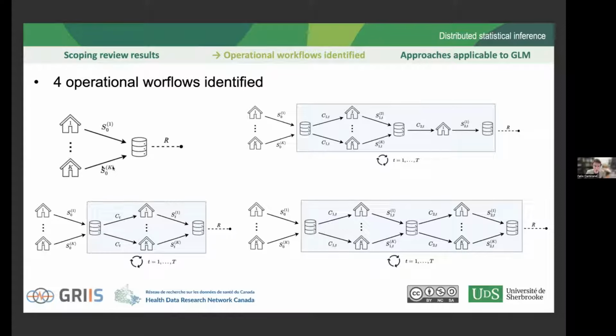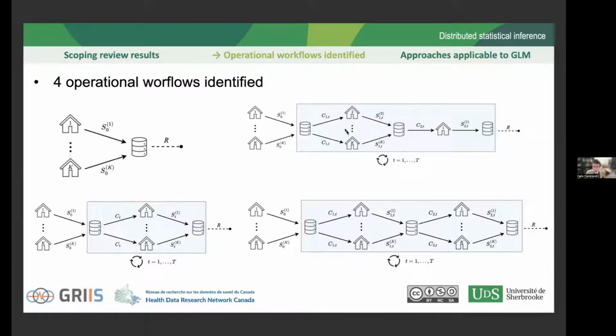So the first one is the meta-analytic, the two-stage meta-analytic type of workflow. That is, we ask each node to send once a set of information to the coordinating center, which aggregates that information in order to produce the result.